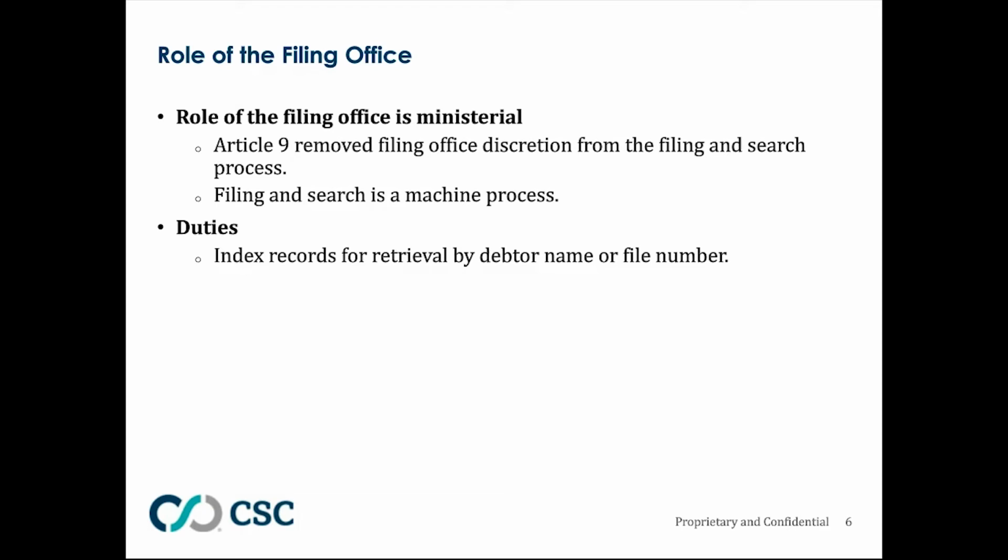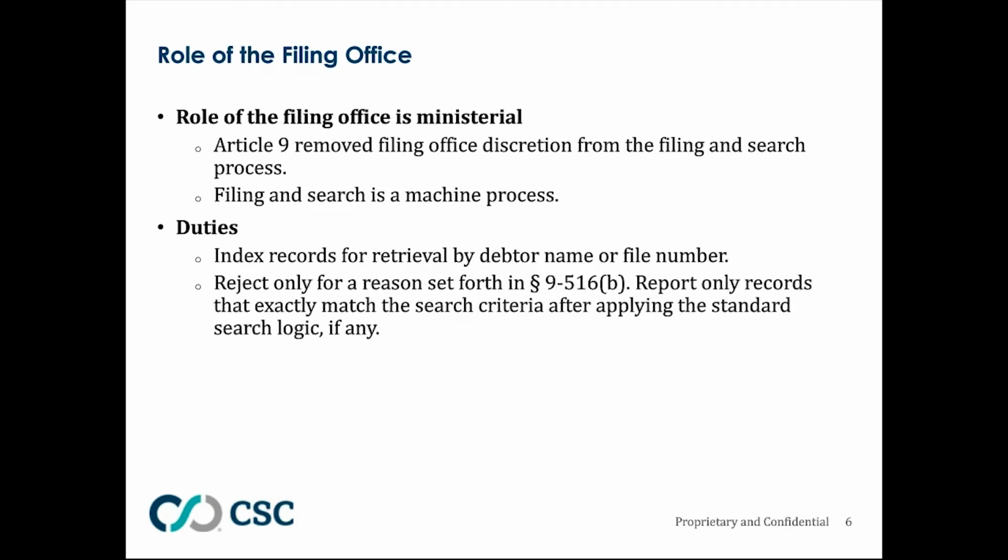Also, the filing office is limited in its reasons for rejection. The default rule at the filing office is they must accept records that are submitted unless a reason for rejection is set forth in statute, specifically in Section 9-516(b). A filing office is only permitted to reject for a reason set forth in Section 9-516(b).